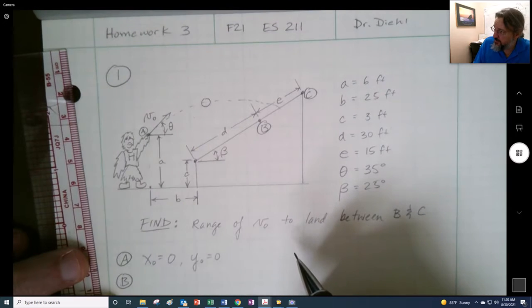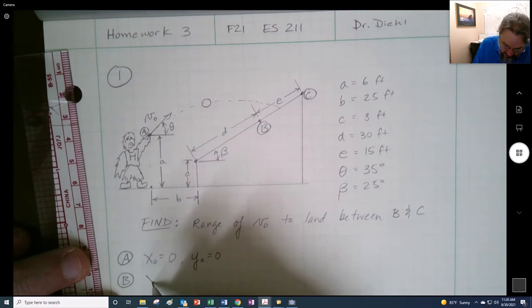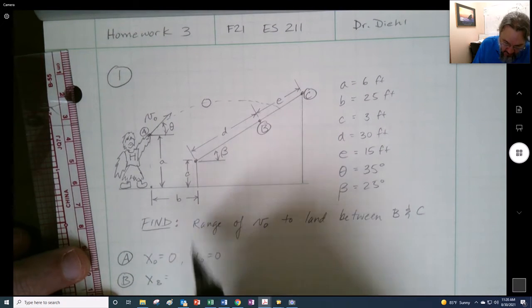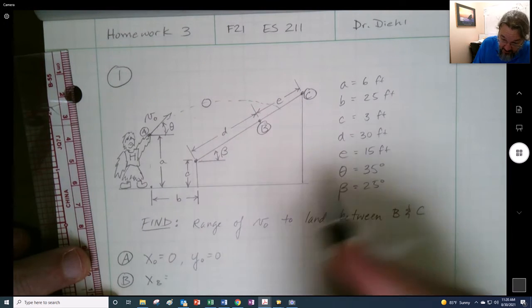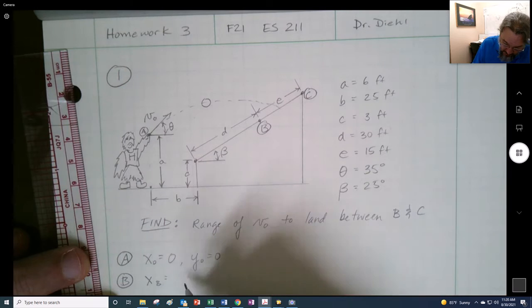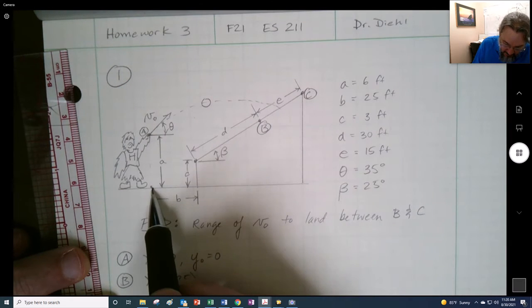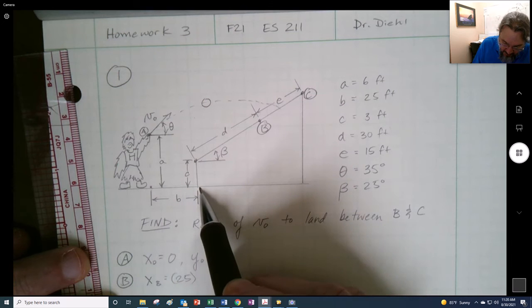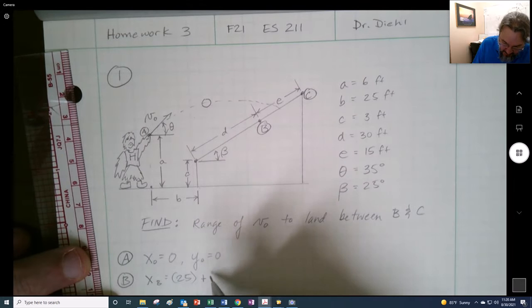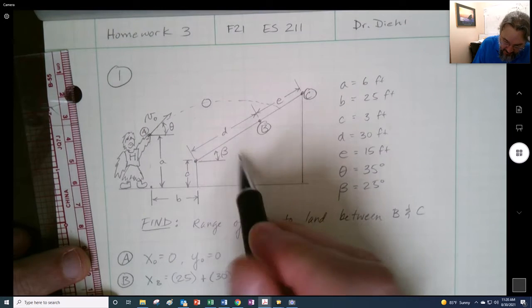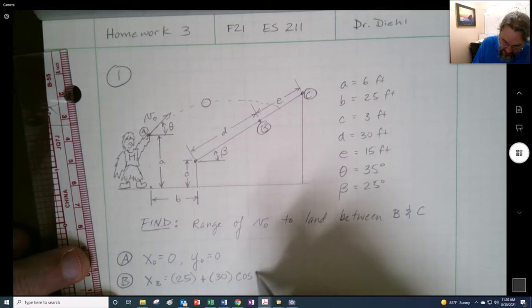Okay, well, in the x direction, xb is going to be the 25 feet from right here to right here, and now we have to figure out what the horizontal distance to B is. So that's going to be plus my D of 30 feet times the cosine of beta, or 25 degrees.